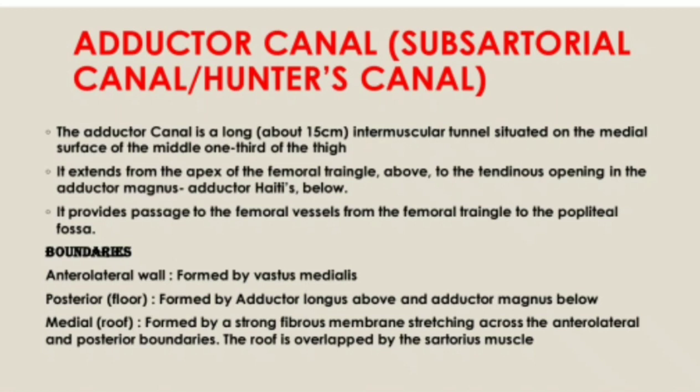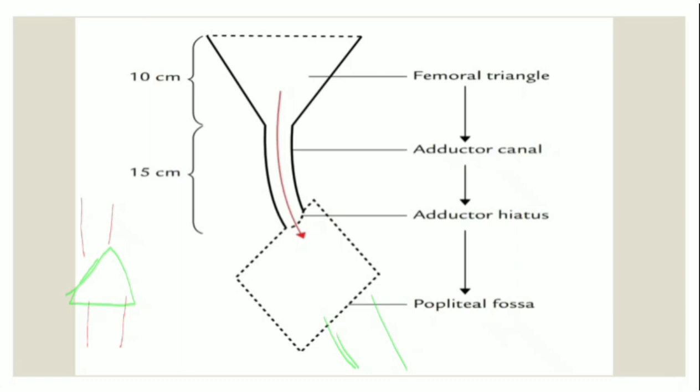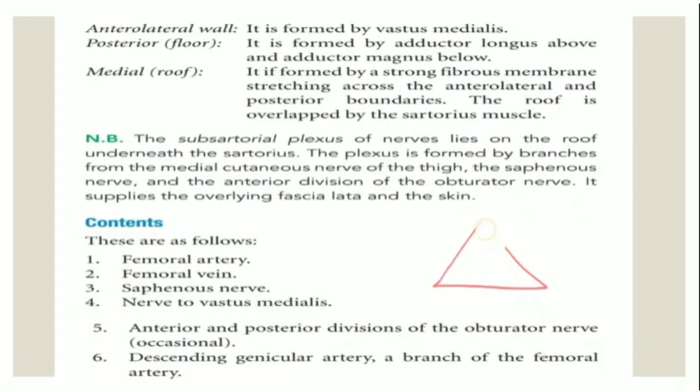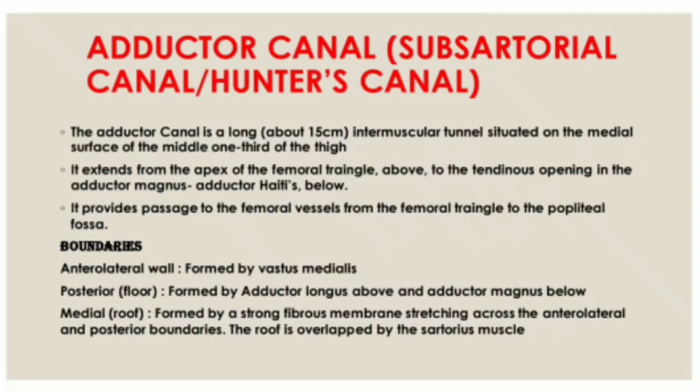Tricky means what? See, in cross section it will be like a triangle, right? So anterolaterally, anteriorly and laterally somewhat, you will have the vastus medialis muscle.